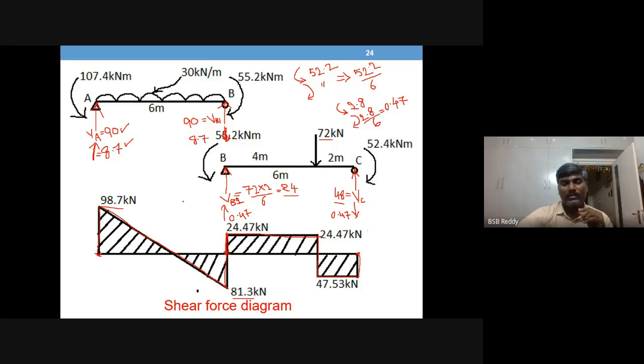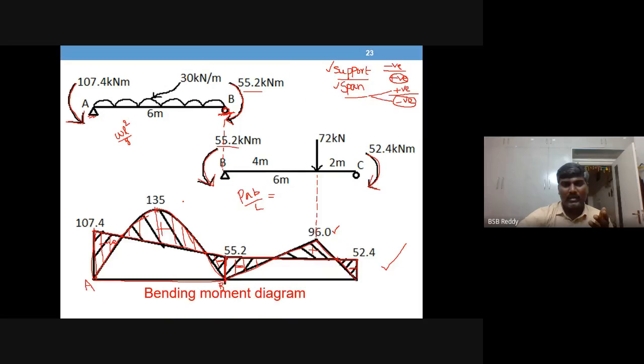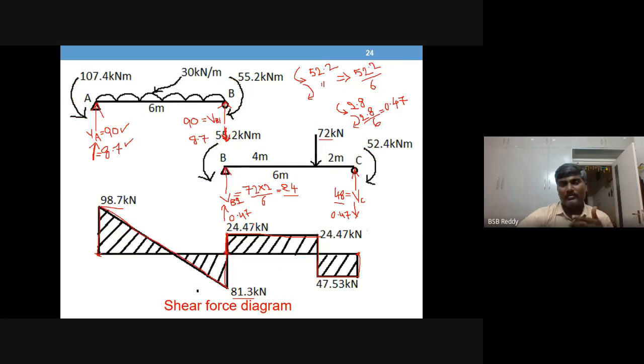So this is how you practice the moment distribution method procedure, finding end moments, as well as drawing BMD. The BMD of an indeterminate structure will always be drawn with the principle of superposition, superposing positive moments over negative moments. And SFD is as usual.